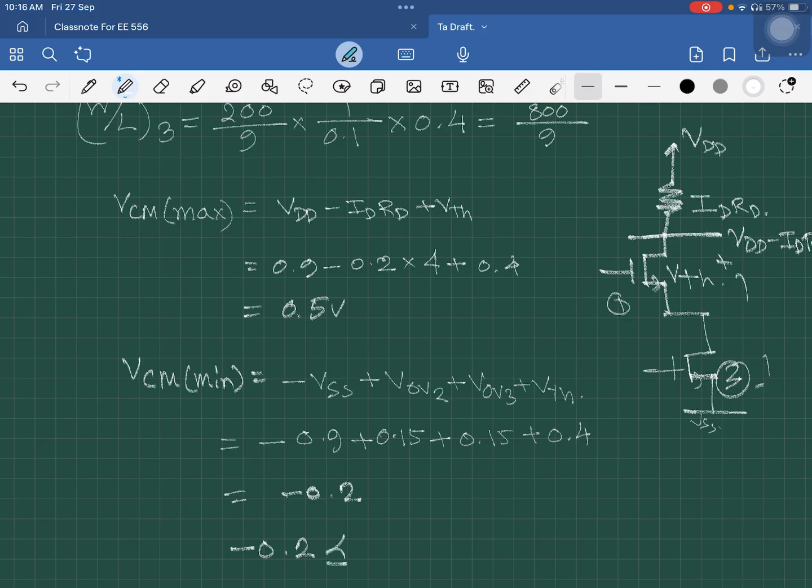The voltage range is from minus 0.2 to 0.5.